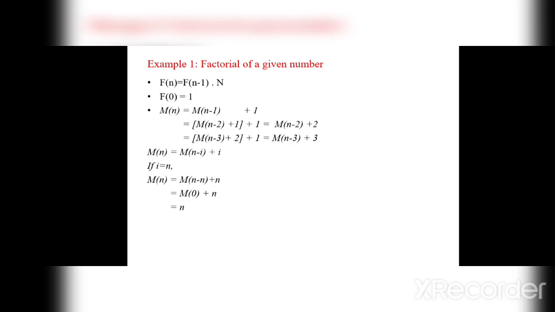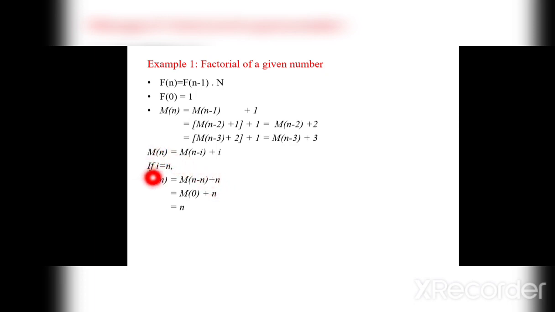Next, we substitute all the previously identified conditions using the backward substitution method, and finally we arrive at the equation M(n) = M(n-i) + i.